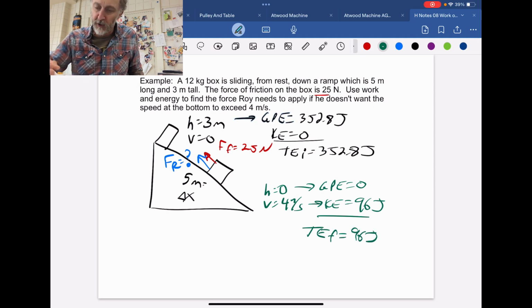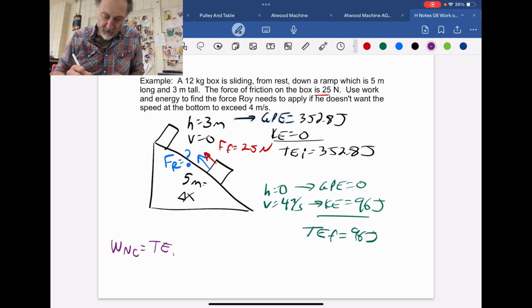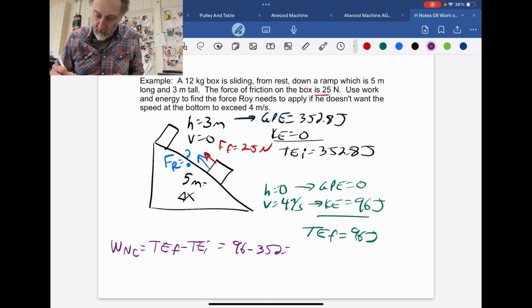I lost some energy. So let's calculate the work done by non-conservative forces. Well, that's TE final minus TE initial. So 96 minus 352.8, and you get negative 256.8 joules. So that's the work done by non-conservative forces.